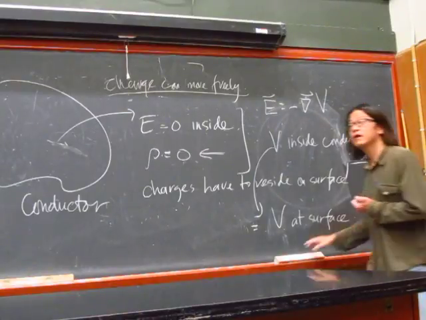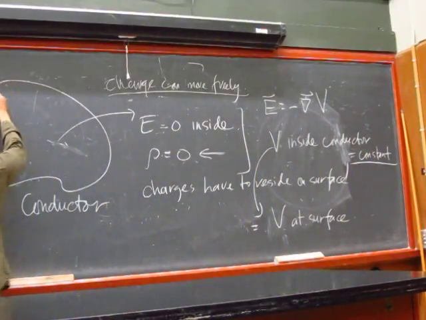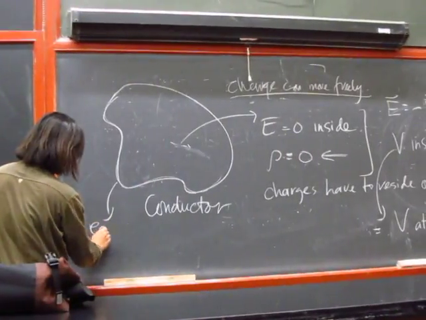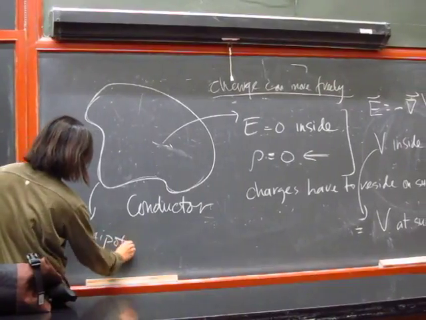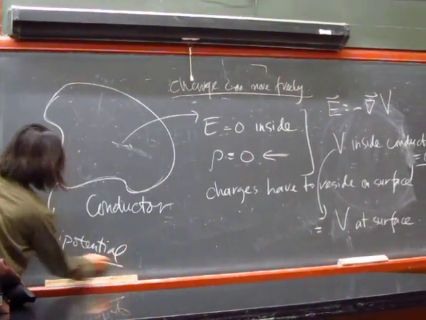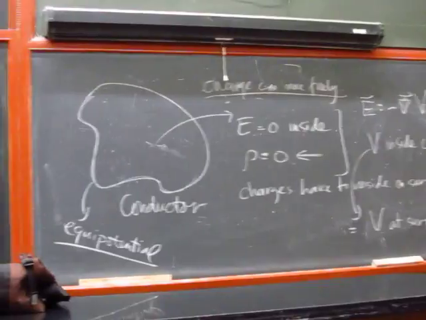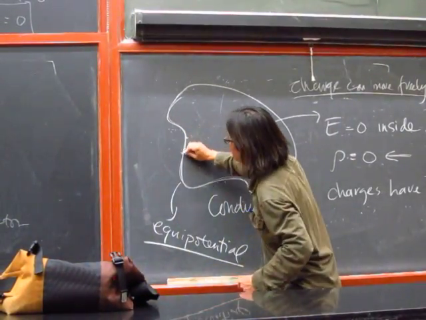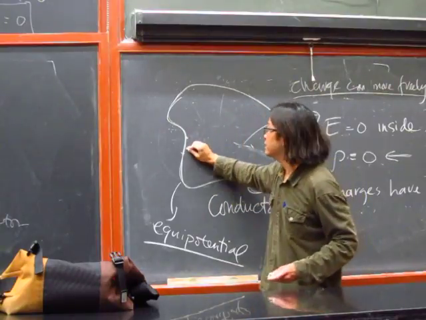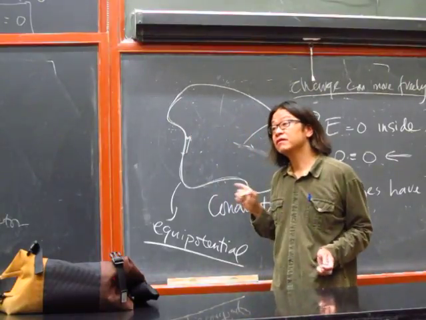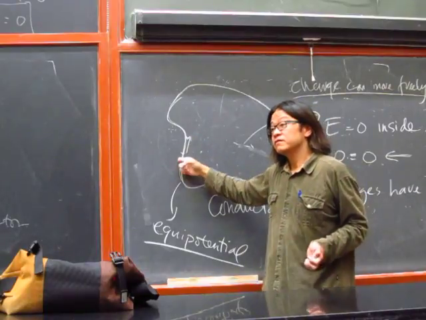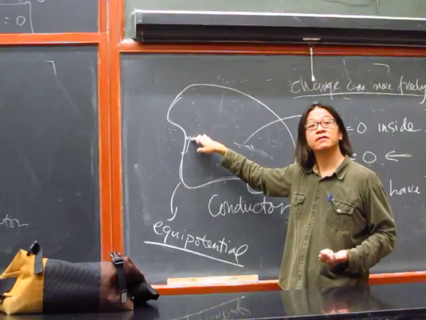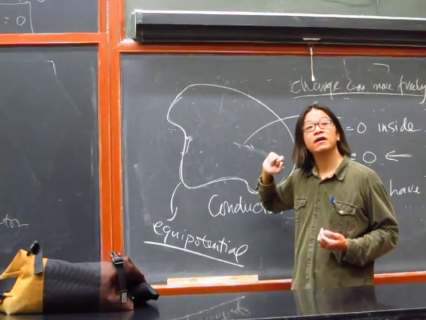Okay. So anywhere on a conductor, along the surface of a conductor, is the same potential. Otherwise, if you establish a potential difference between two points on the surface of the conductor, then you establish an electric field. Anytime you have electric field, charges will move, and they will move in such a way to cancel that field. Okay.